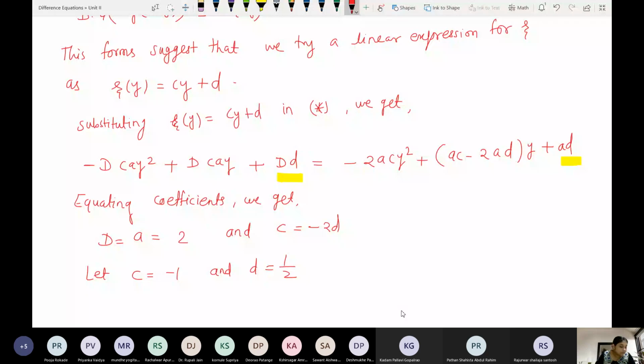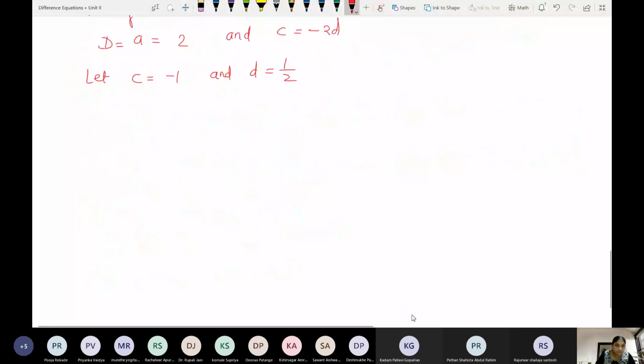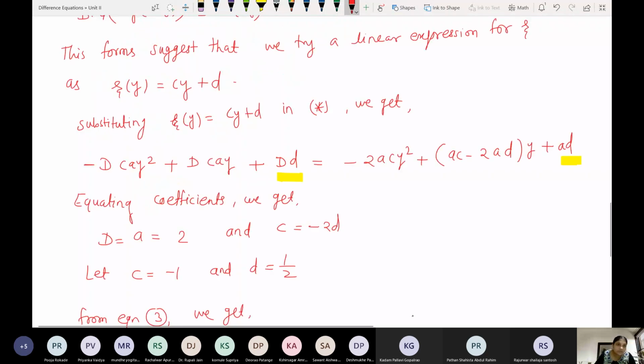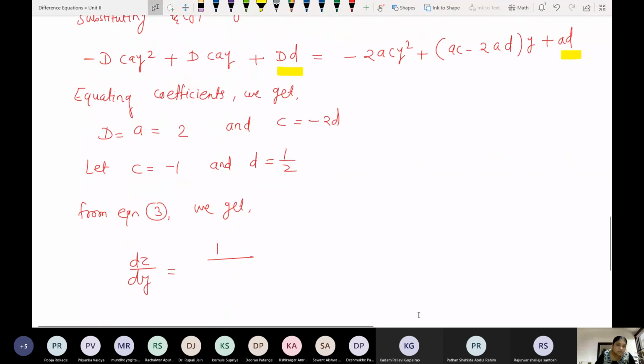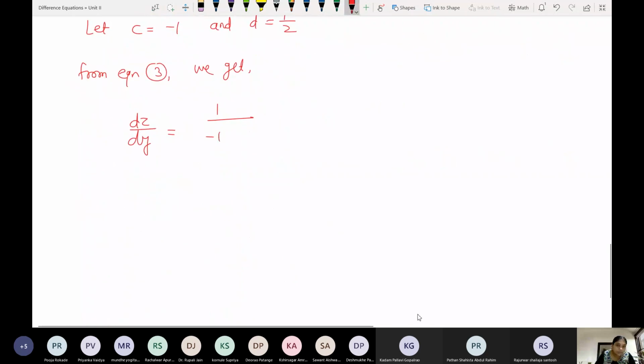So from equation 3, we get dz by dy equal to 1 upon xi y, and we are taking xi y as cy plus d. What is my c? Minus 1 times y. So minus y plus d, which is 1 by 2.